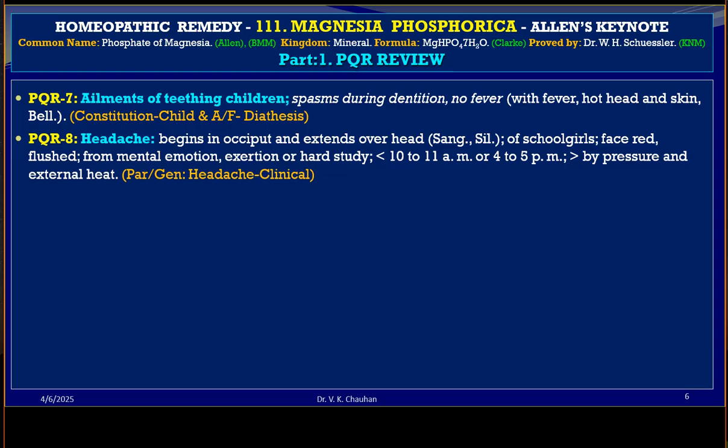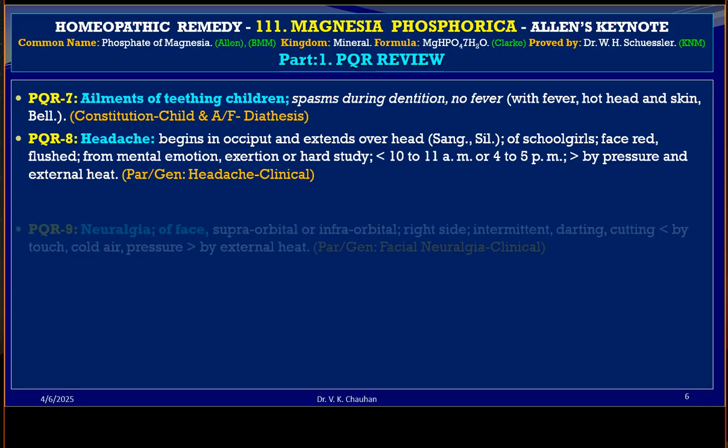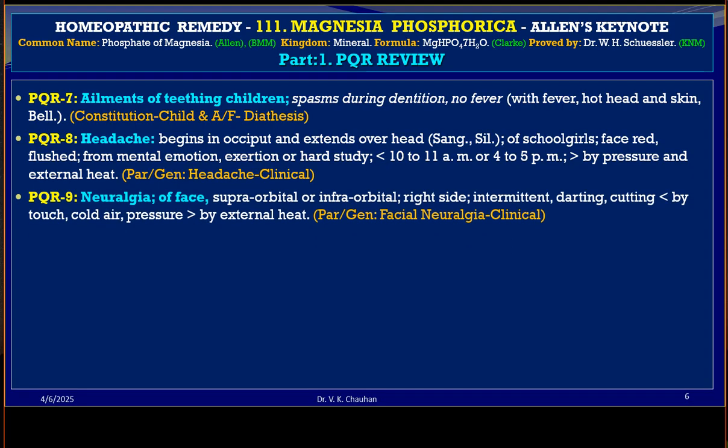So this headache, a particular clinical symptom, has been given, and this symptom is complete, which has location, extension, radiation, the client characteristics, associated facial flushing, causation and time modalities, and amelioration. We go to PQR9, neuralgia of face.